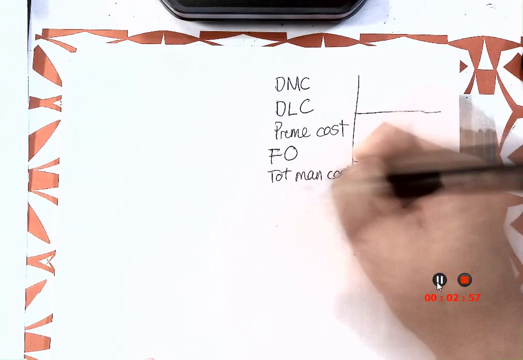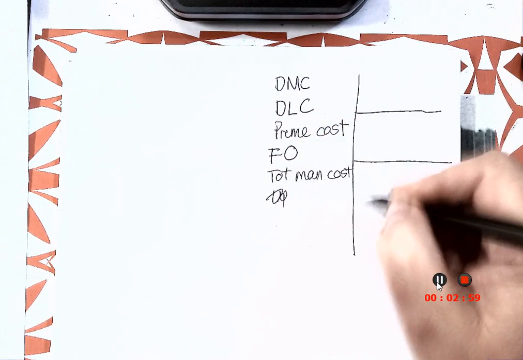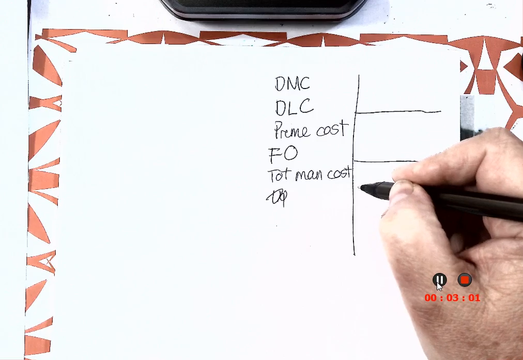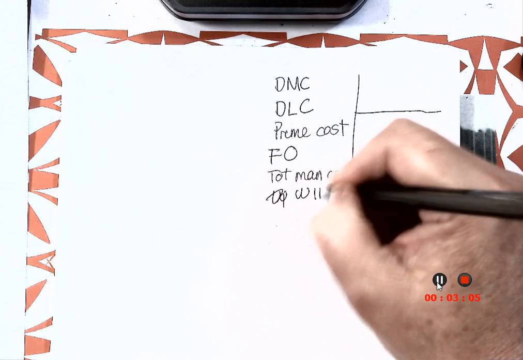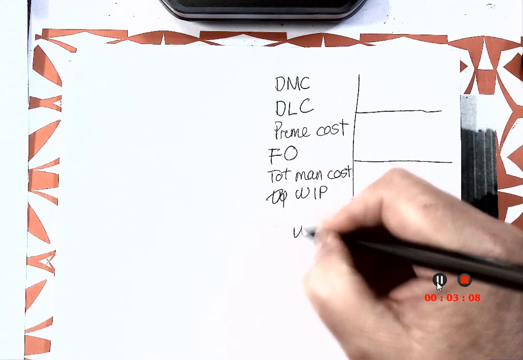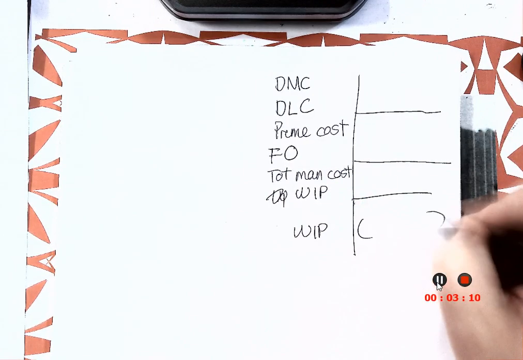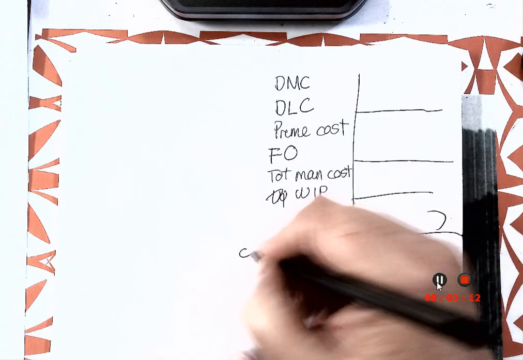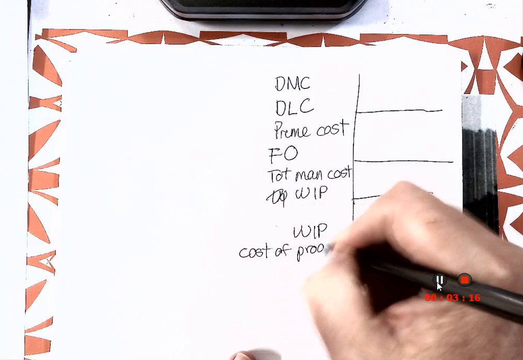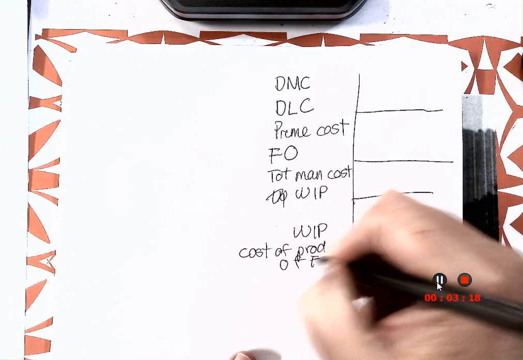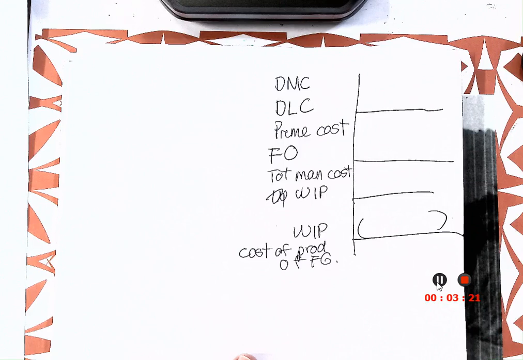Work in process, the opening, work in process, the beginning. Work in process, the closing. Cost of production of final goods.